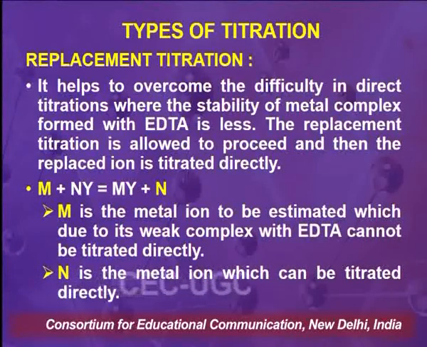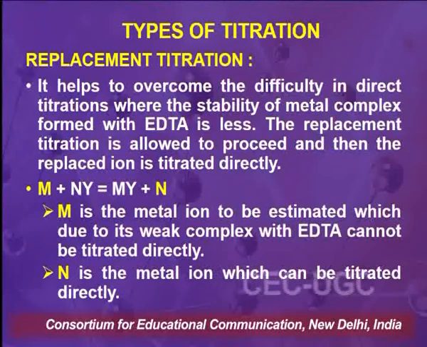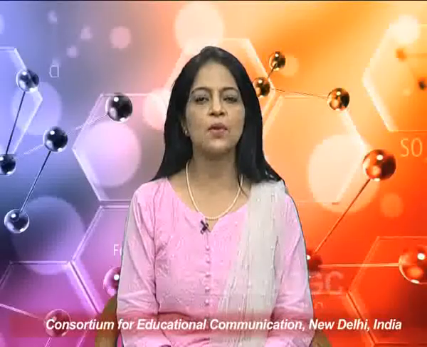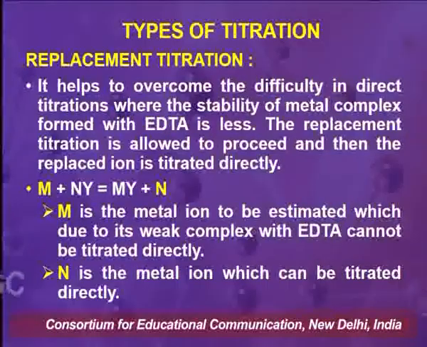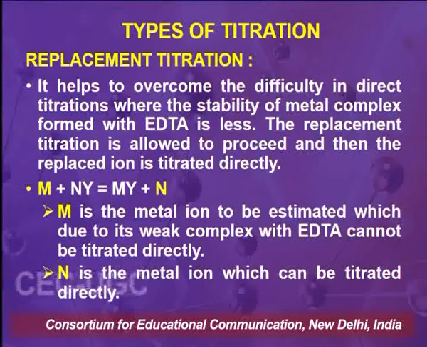So NY, that is the N metal, is forming a complex with EDTA, and then reacting with M metal, in which a replacement is carried out, as a result of which M metal forms a complex with EDTA and N is released free in the solution. So, just like we have displacement reactions in inorganic chemistry, similarly we have replacement titrations in complexometric titrations.